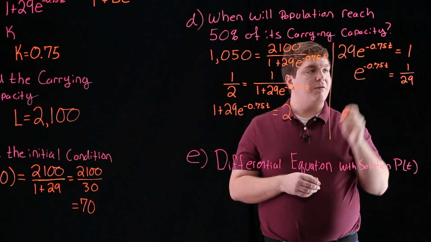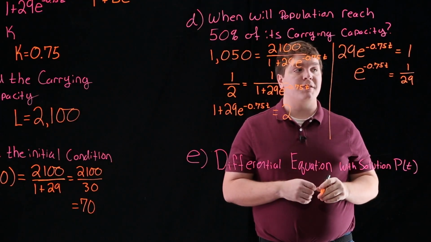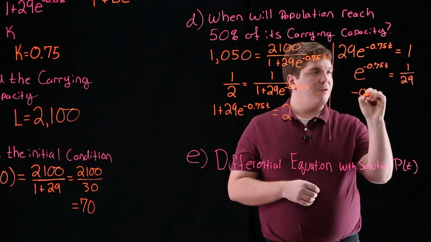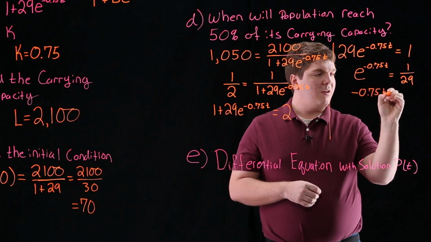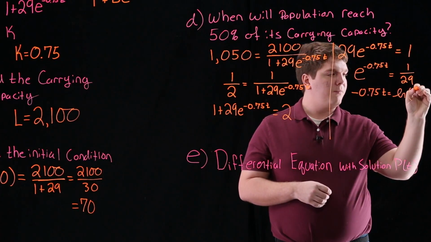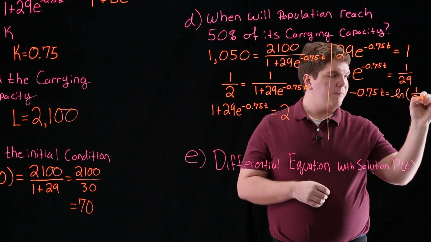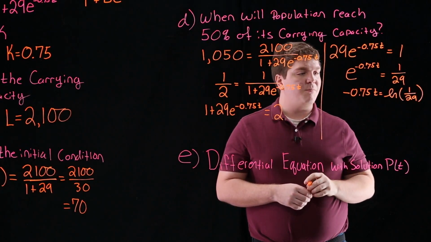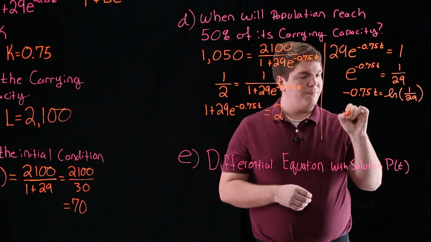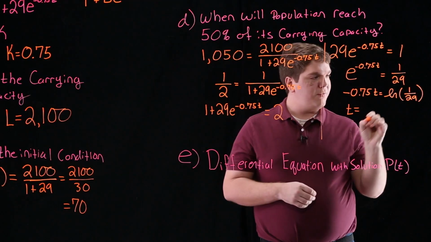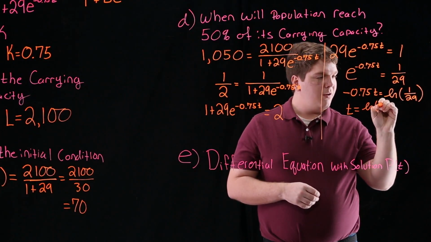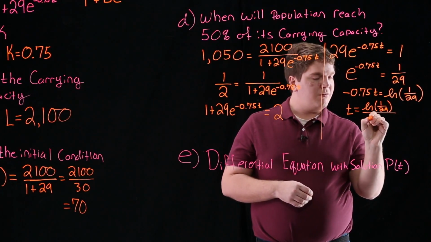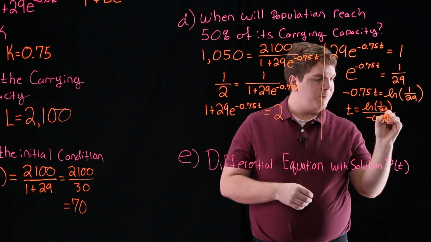Here, in order to solve for t, we have to take the natural log of both sides of this equation. And this leaves us with negative 0.75 t is equal to the natural log of 1 divided by 29. And finally, to solve for t, we'll divide both sides of this equation by negative 0.75, leaving us with t is equal to the natural log of 1 divided by 29, all divided by negative 0.75.